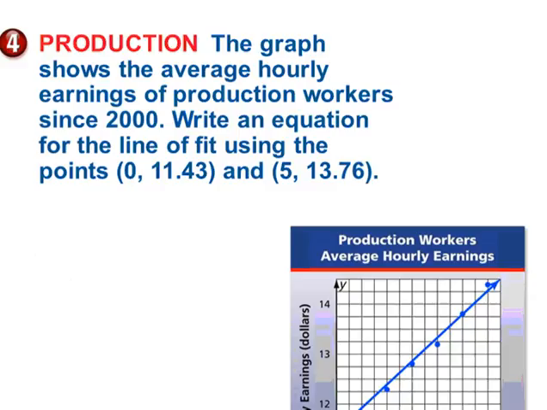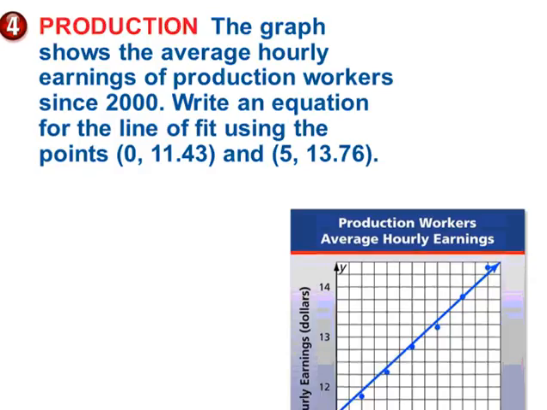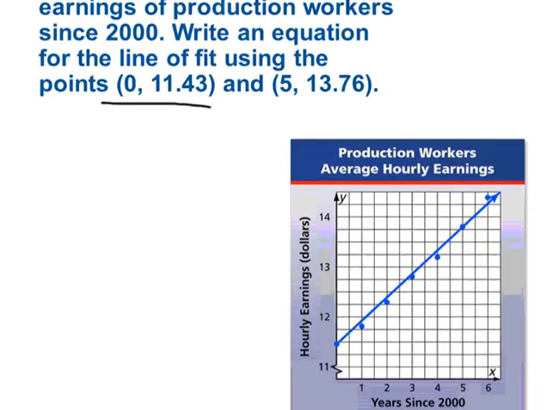The graph shows the average hourly earnings of production workers since 2000. Write an equation for the line of fit using the points. They tell me what points to use: 0, $11.43, and 5, $13.76.